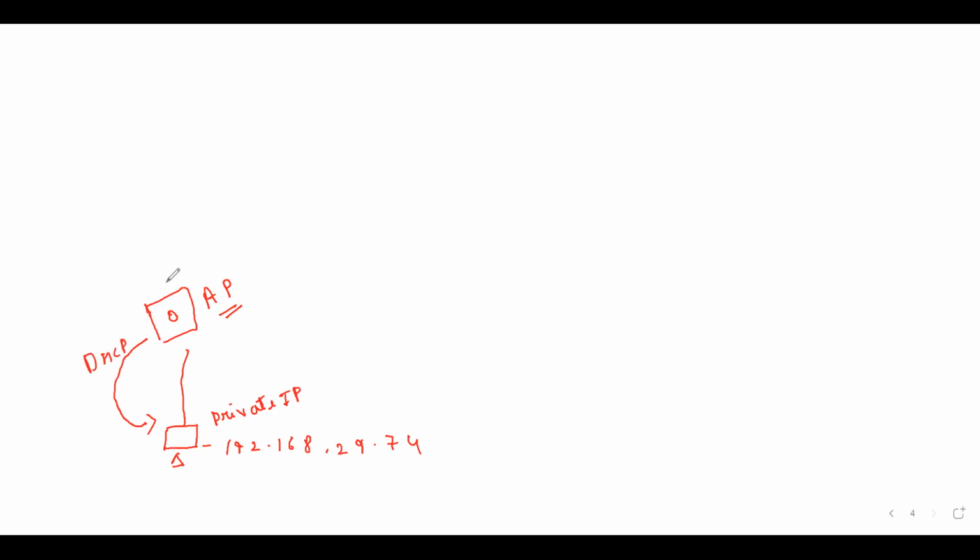This device is connected to the ISP router. Here is a router. Here it is connected to this. But what happens in this case?